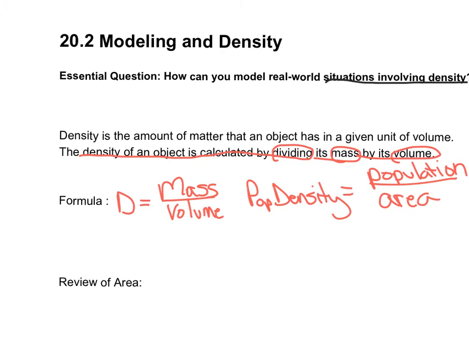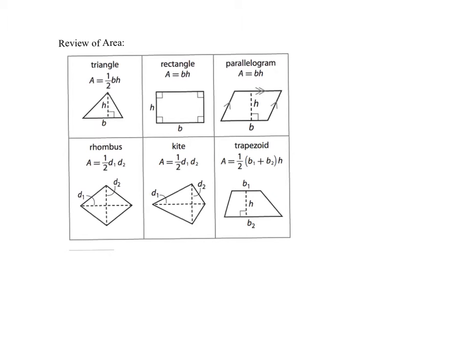I included this review of area on this also, and you can see the triangle is 1/2 base times height, rectangle base times height. A parallelogram is also base times height. And remember, I have said quite a few times that the height is perpendicular to the base.